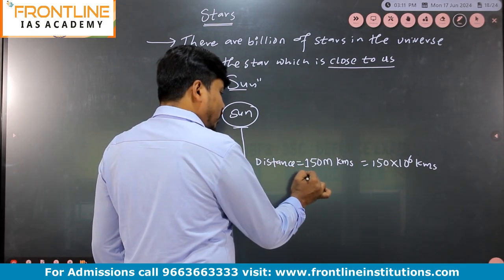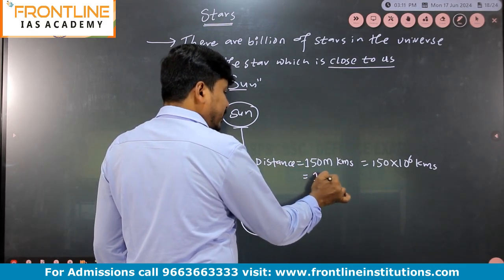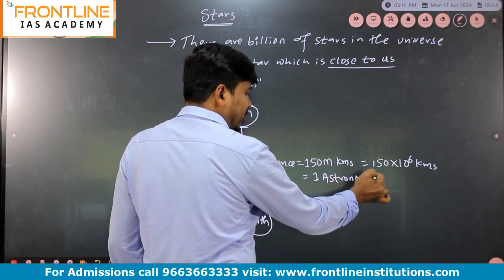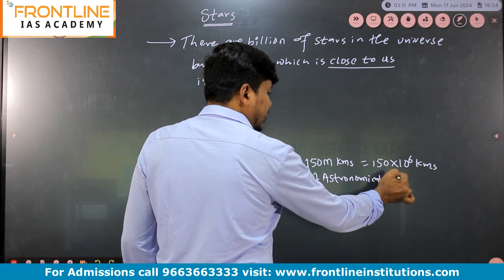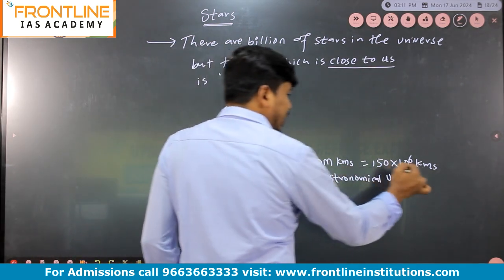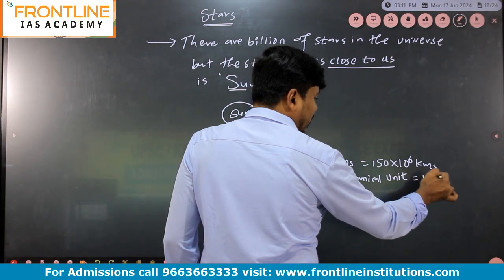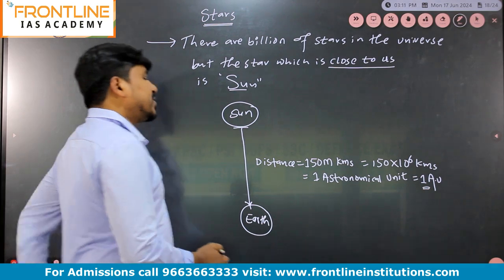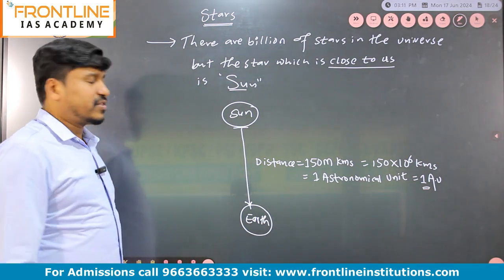This distance we call one astronomical unit, written 1 AU. Very important. 1 AU means one astronomical unit, which is the distance between the sun and earth.